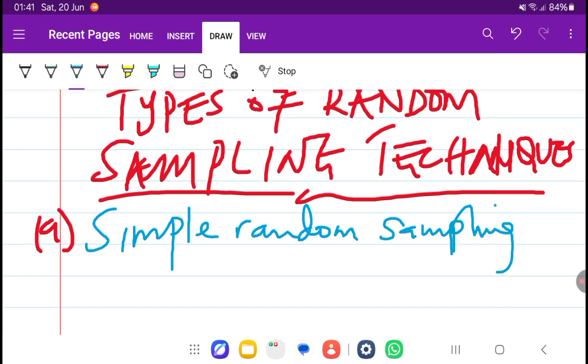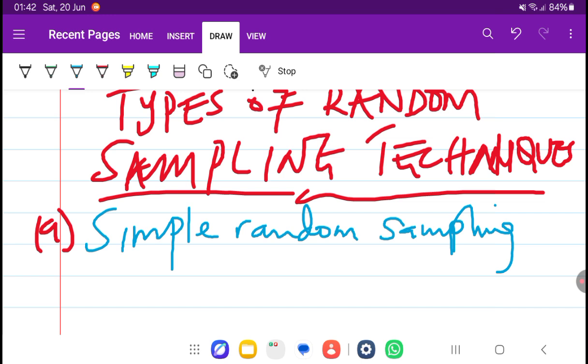So, simple random sampling is where we use the idea of listing the whole sampling frame.